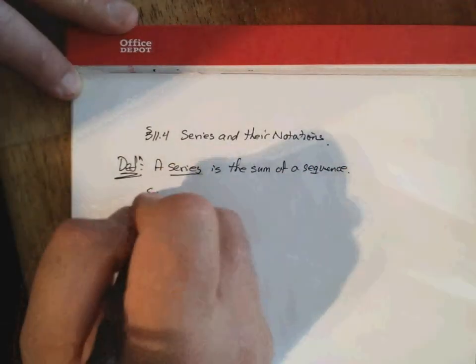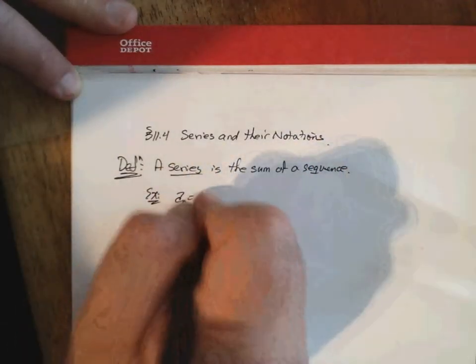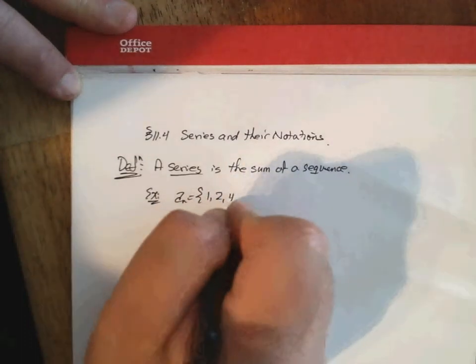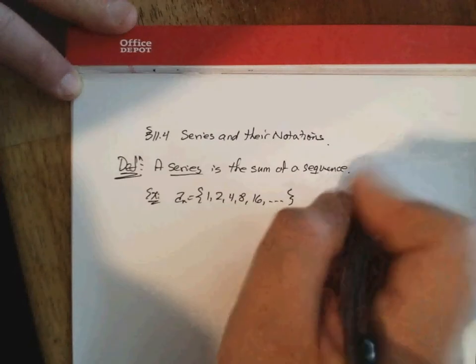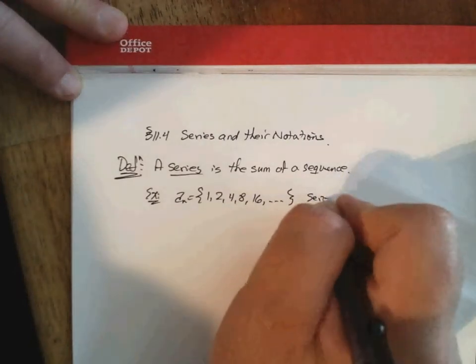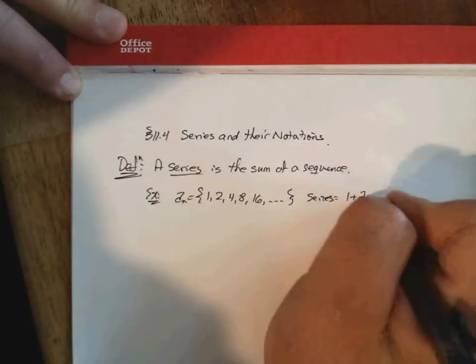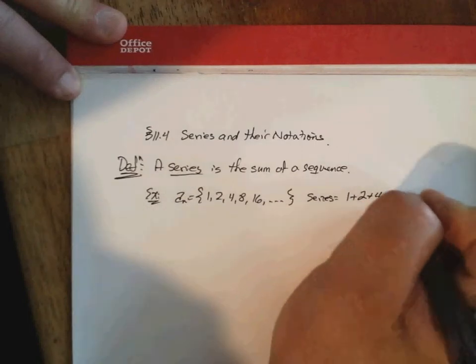So, for example, if your sequence is, say, 1, 2, 4, 8, 16, and so on, then the series is 1 plus 2 plus 4 plus 8 plus 16, and so on forever.